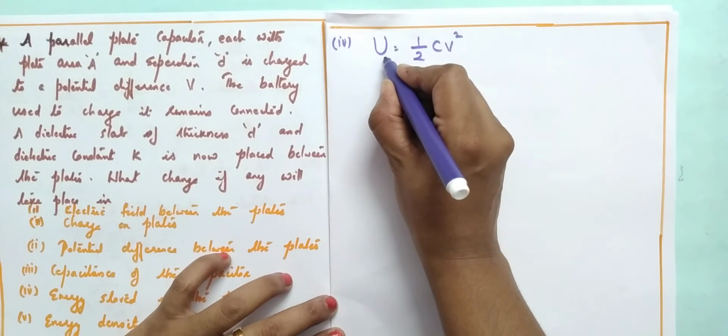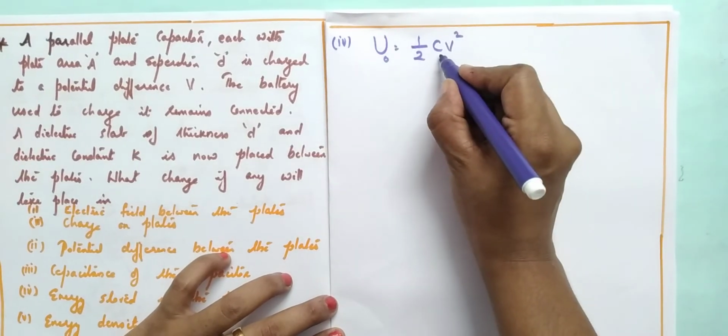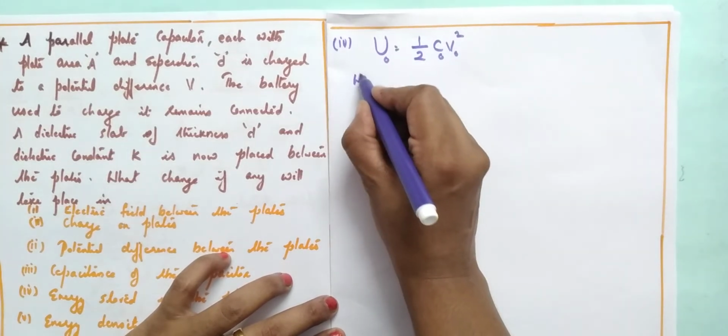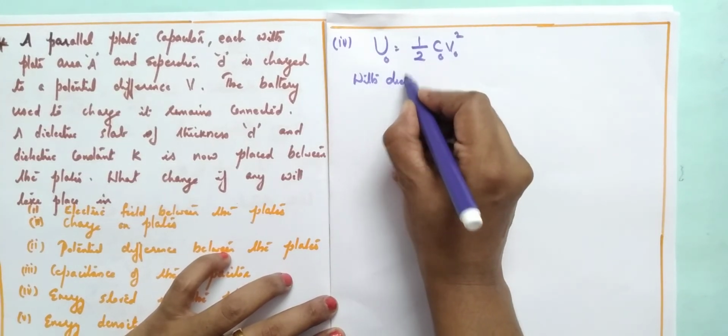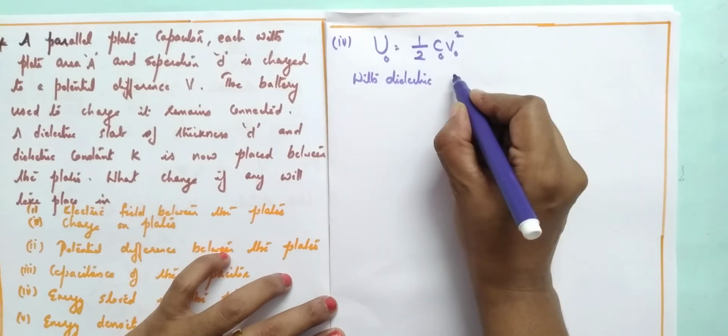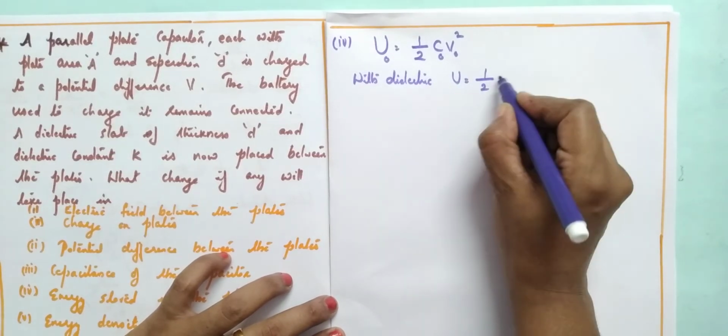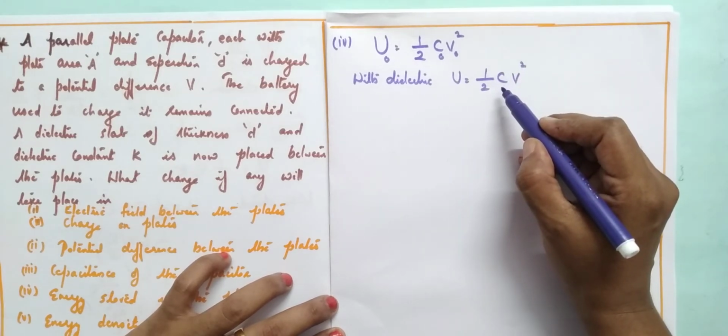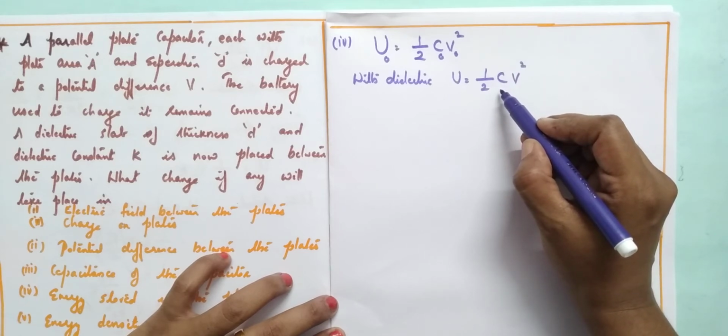With air, we can write U0 equals half C0 into V0 square. That is with air. With the dielectric, how does the formula change? U becomes half CV square. And we know that when a dielectric slab is introduced, capacitance increases by K times.